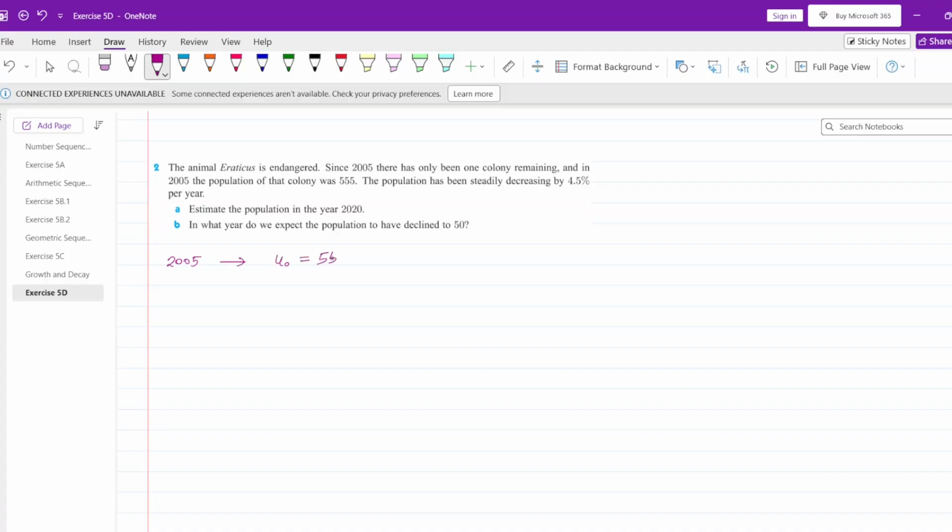U0 is 555. The population has been steadily decreasing by 4.5%. So 1 minus 0.045. So 0.955 is going to be the multiplying factor.